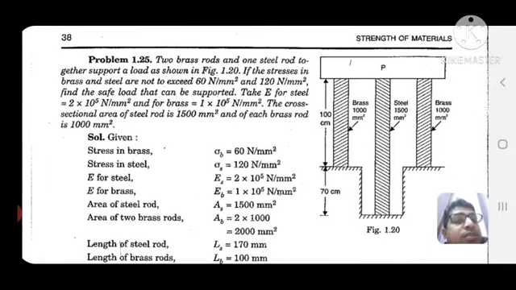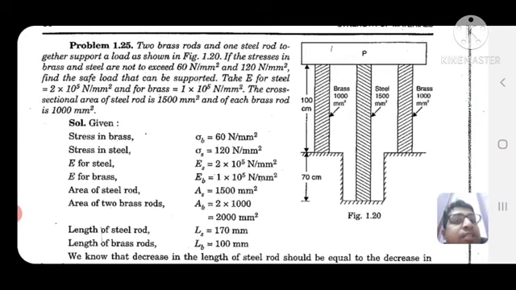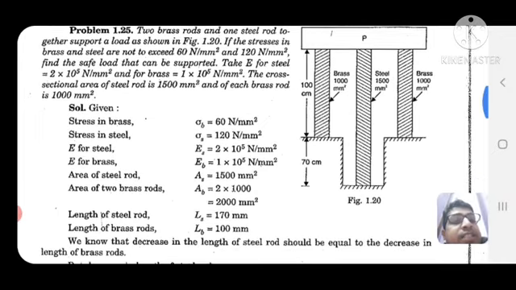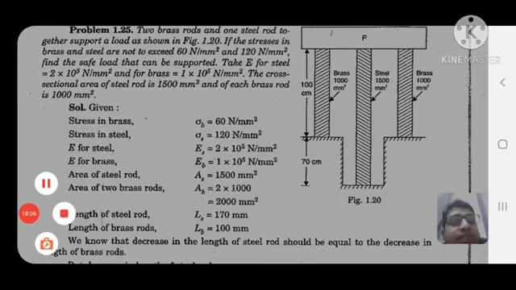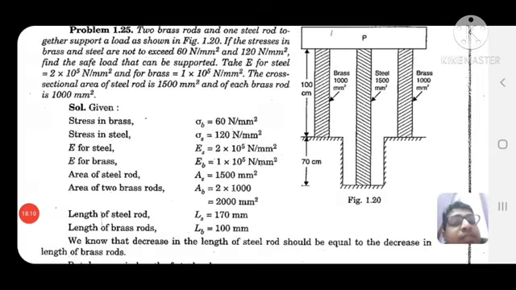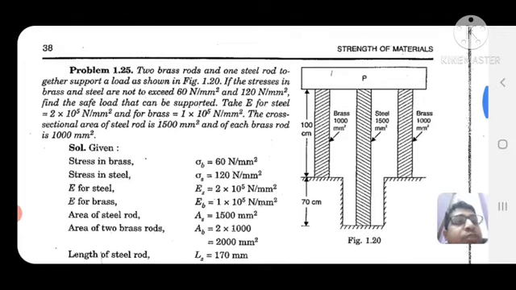Two brass rods and one steel rod together support a load. The stresses in the brass and steel should not exceed 60 Newton per millimeter square and 120 Newton per millimeter square. Very important problem.